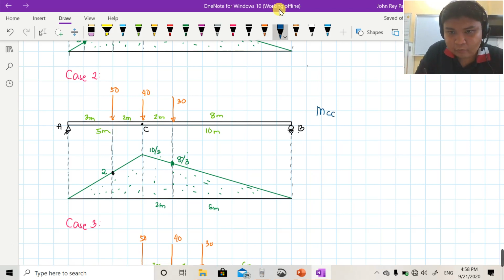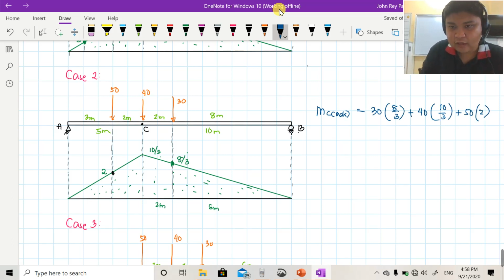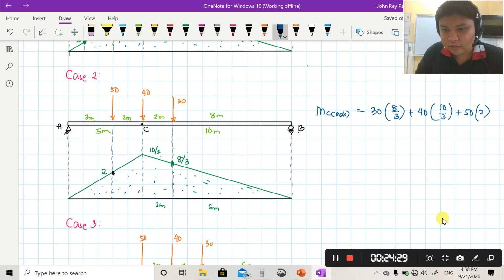The maximum moment at C will be just a series of this 30, multiplied by 8/3. Then, this time, the 40, class, we multiply by 10/3. And the 50, we multiply by 2. There. So, therefore, you can find here, class, our MC max.